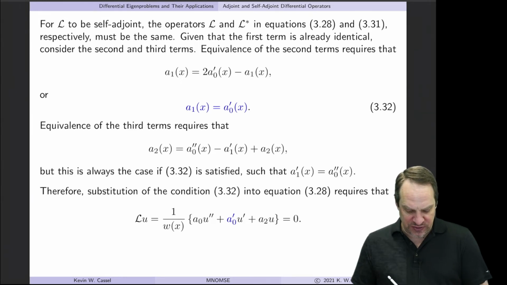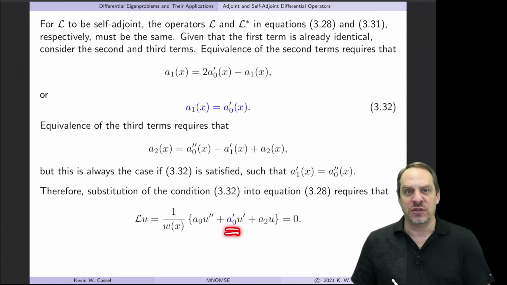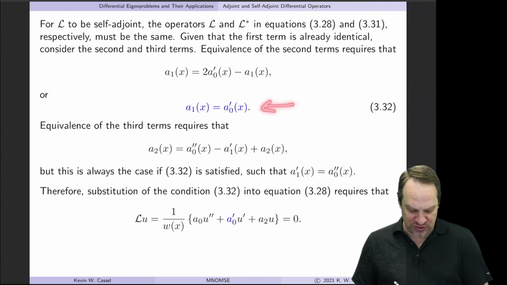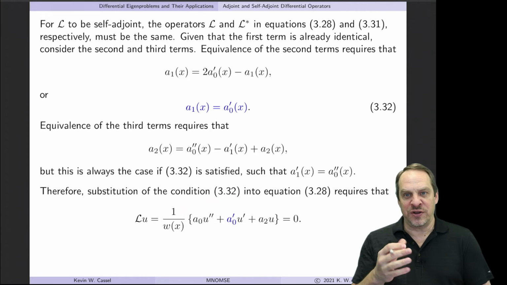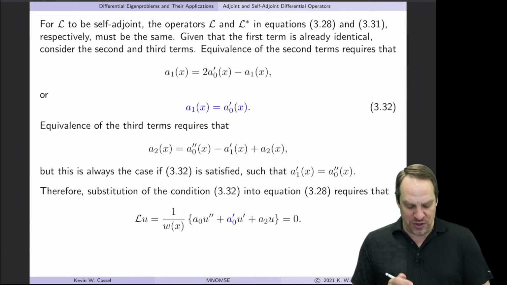So let's replace A1 in the original differential operator with A0 prime as required by this equation. So then we have A0 u double prime plus A0 prime times u prime plus A2 times u. Now these two terms, it may not be obvious, but it turns out if you do a reverse product rule, you can combine these two terms into one.